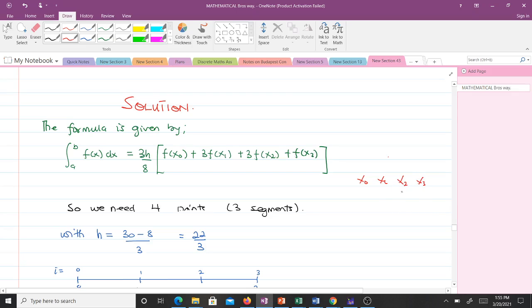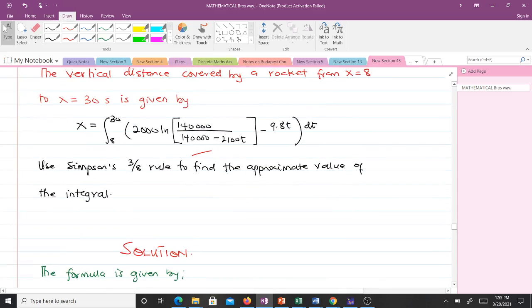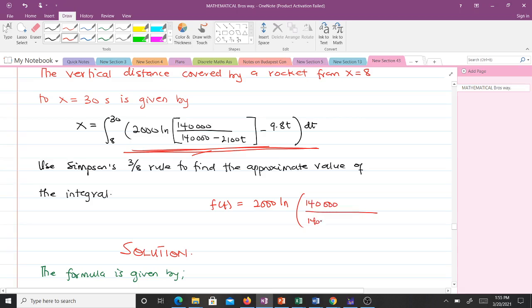If you're able to get them, then we can put them inside this here, because this happens to be our integrand, f of t equals 2000 ln of 140,000 all over 140,000 minus 2100 t, then minus 9.8 t.